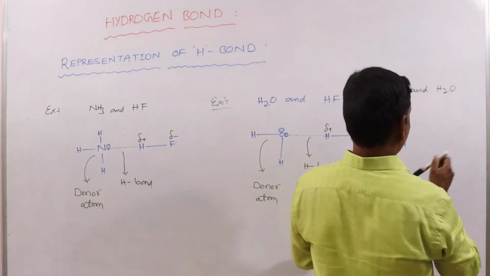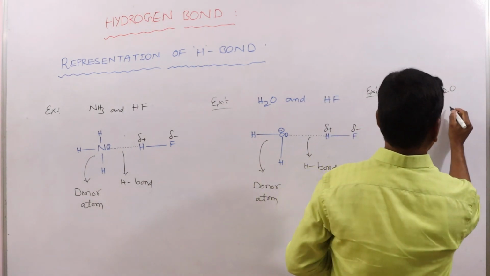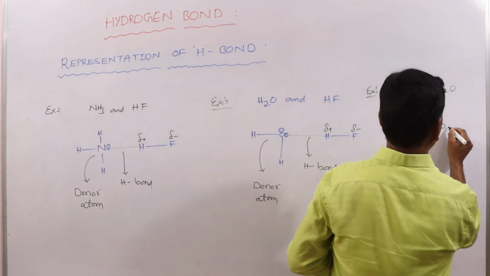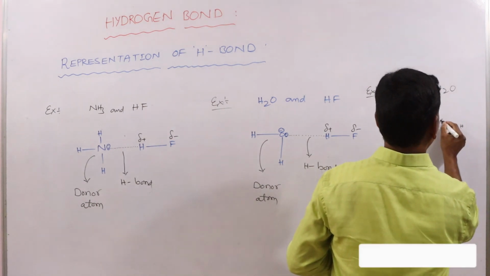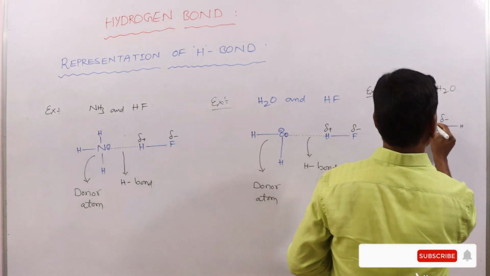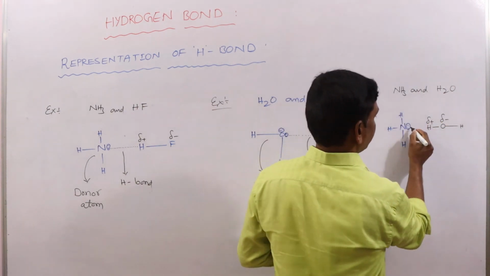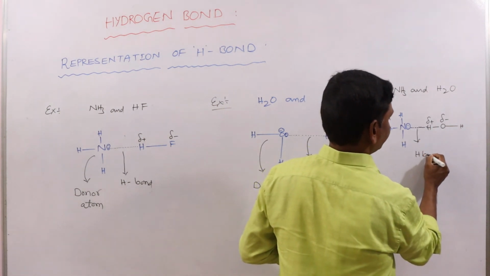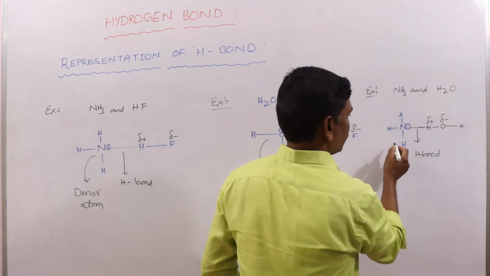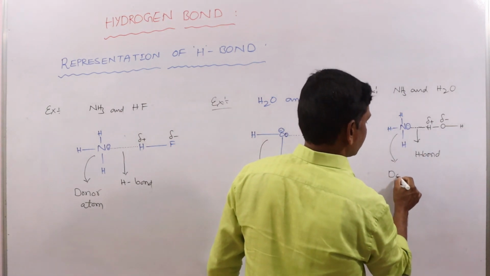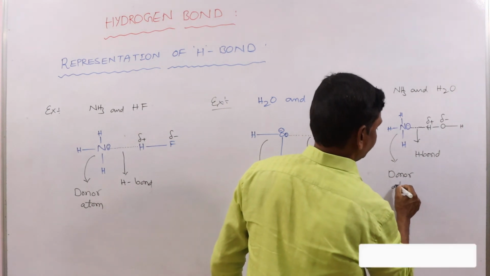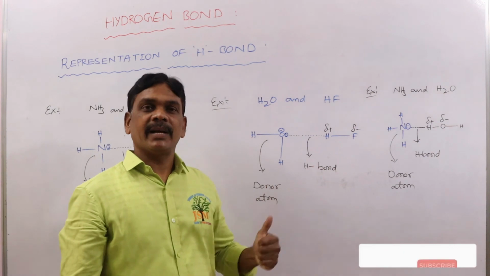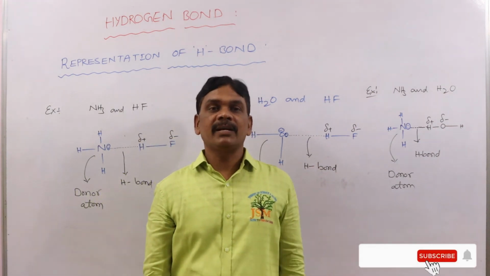Here is the water molecule: oxygen, and hydrogens. Oxygen gets a partial negative charge and hydrogen a partial positive charge. Between these two there is a formation of a hydrogen bond. This ammonia molecule acts as the donor atom. This is the way to represent hydrogen bonding between different molecules.